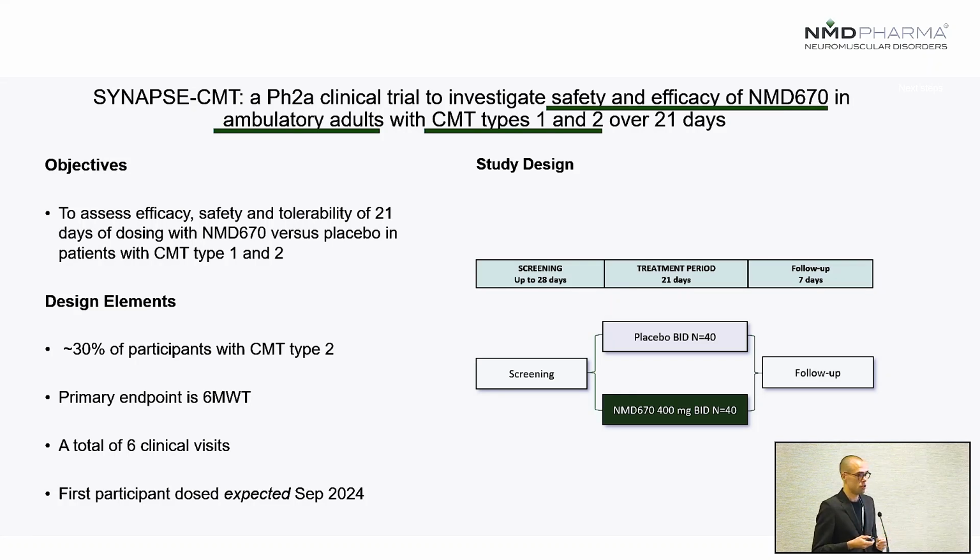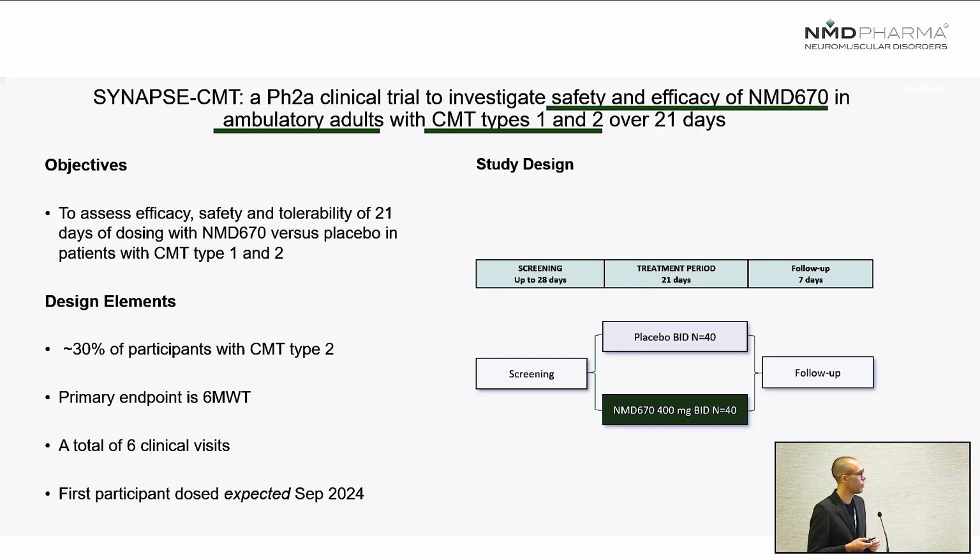It is the goal to enrich the study with at least 30% of the participants that have CMT type 2, because we want to ascertain whether this population of CMT participants respond equally well or maybe even better than their CMT1 counterparts.